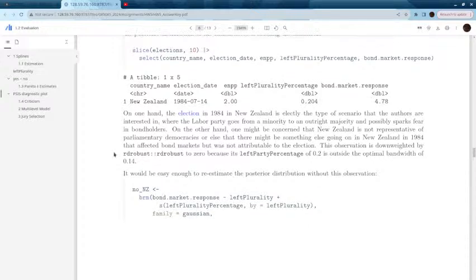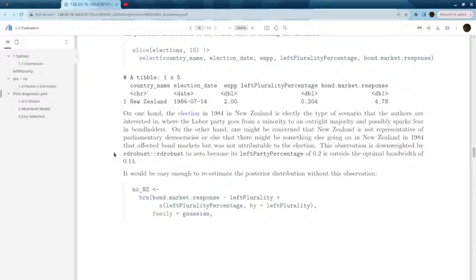It turns out to be New Zealand in 1984. I don't know a whole lot about this, but I looked it up on Wikipedia. As it turns out, the Prime Minister went on television to announce there would be an election in a month, but he was drunk when he went on television, and so the election did not go so well for his party.